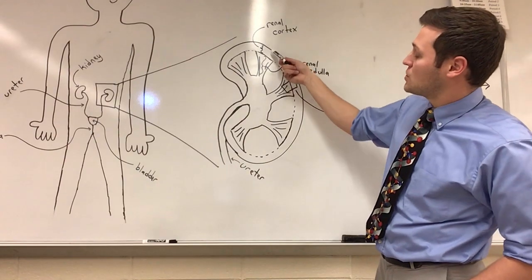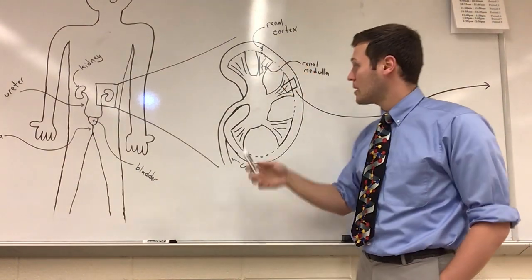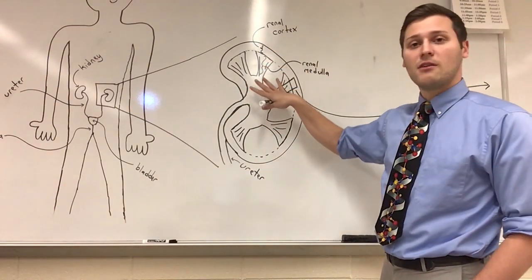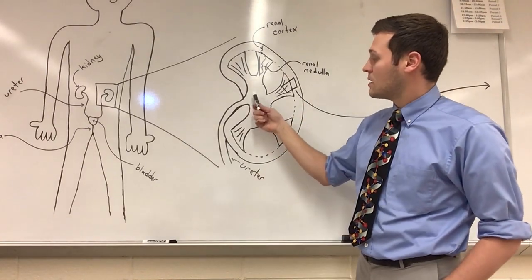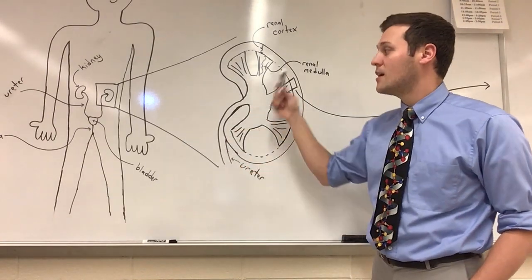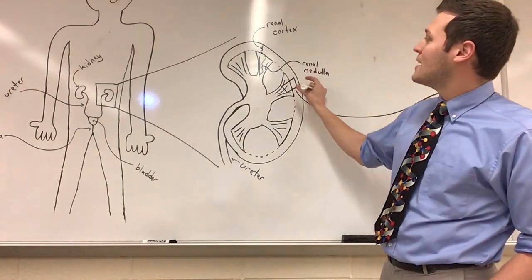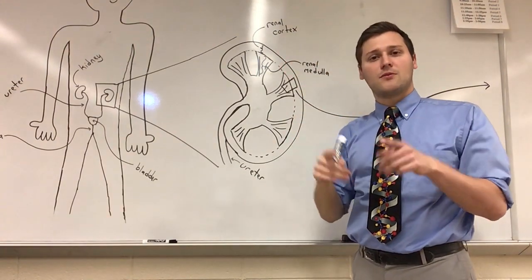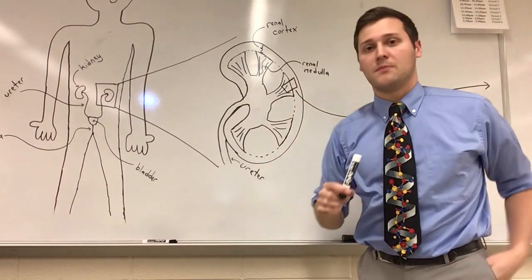Now, once you filter out the metabolic waste from the bloodstream, it basically goes into this area of the kidney. You don't need to know the names of any of these parts. And it will pass through the ureter, into the bladder, and so on and so forth. So let's zoom in on this junction, this cross section, or the meeting point, between the renal cortex and the renal medulla.